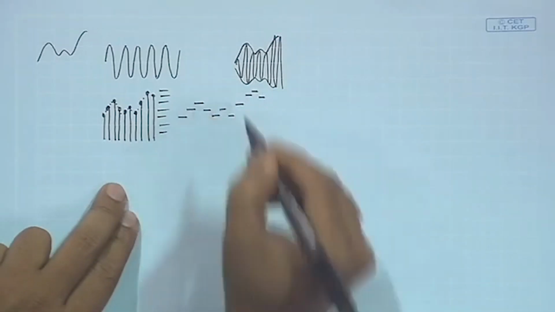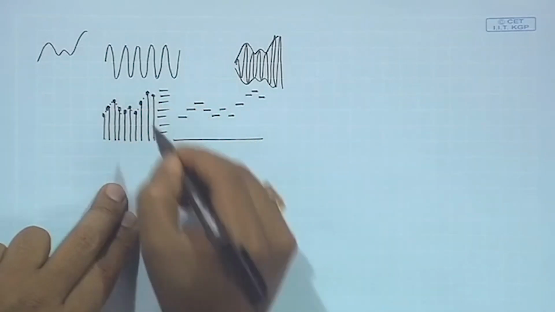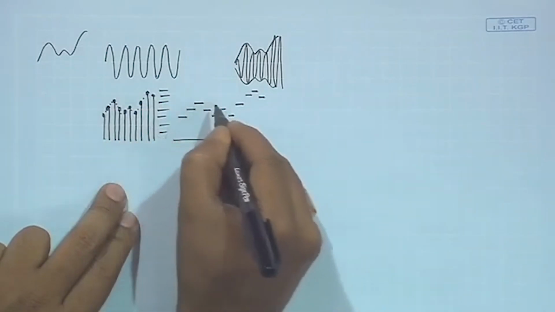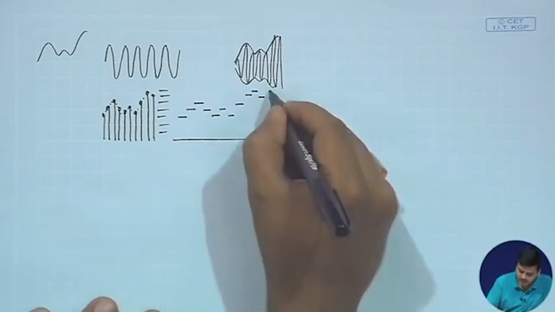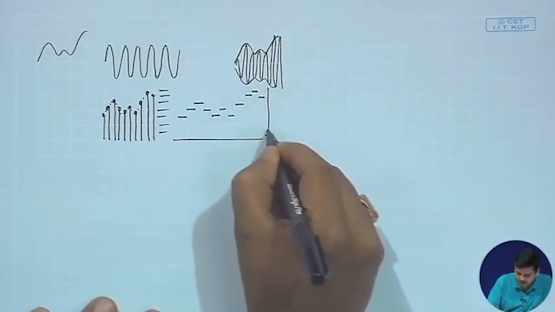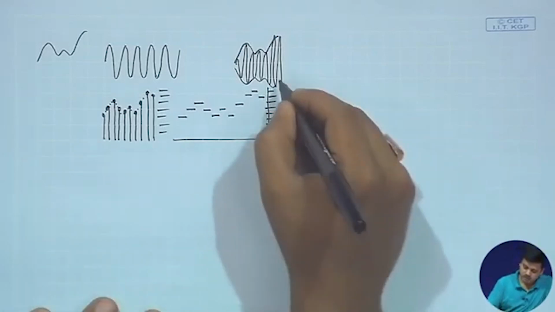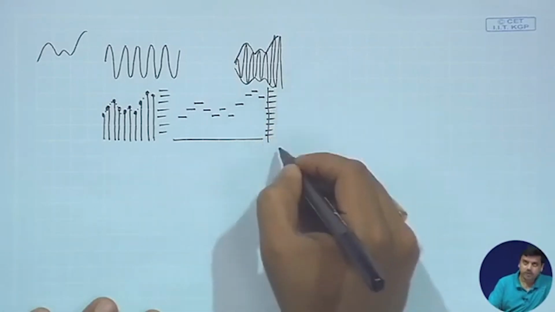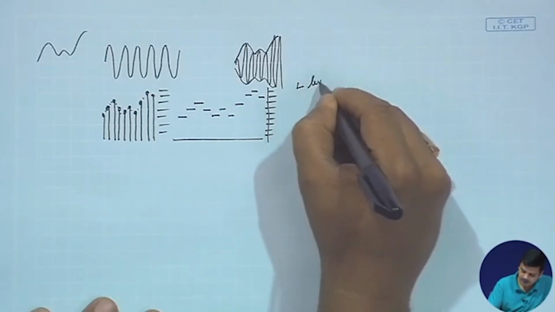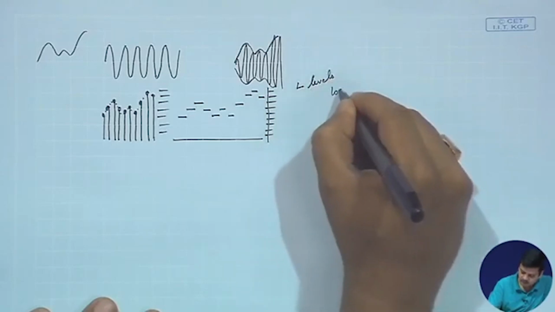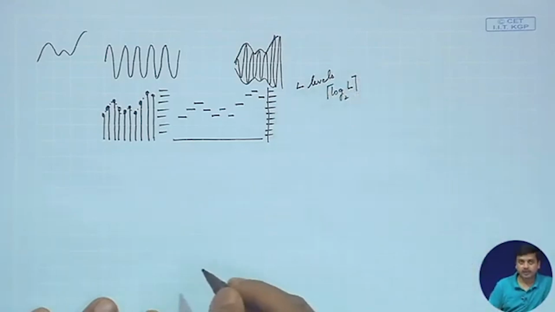So, quantization means that instead of having continuum amplitudes, you are now having discrete amplitude levels, right. The next step in the process is that suppose there are certain number of levels, right. So, you would have to put some kind of coding method. If there are, let us say, L levels, you would need log base 2 of L as the number of bits.